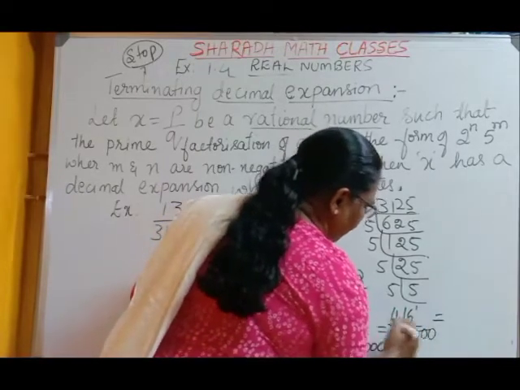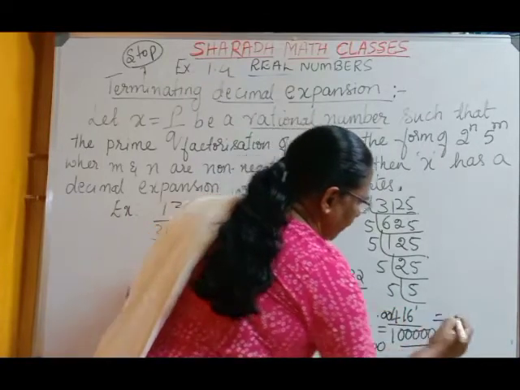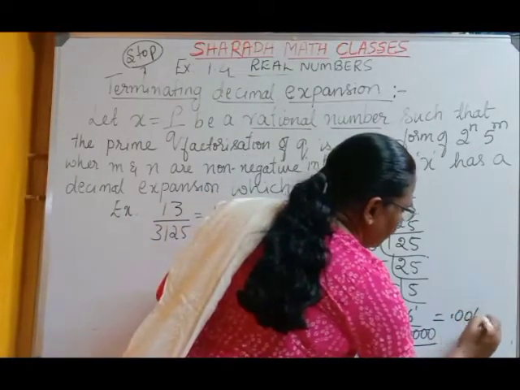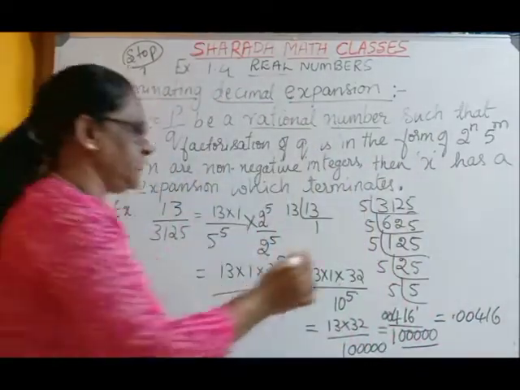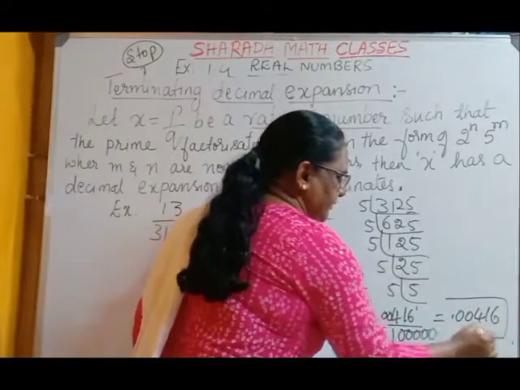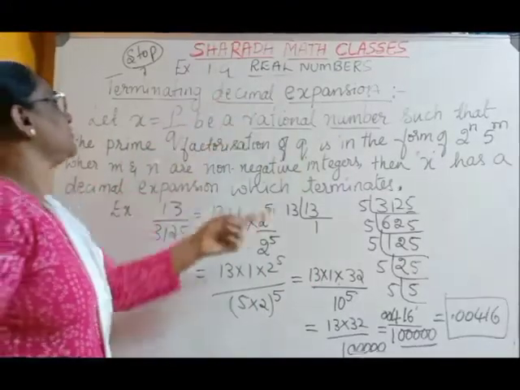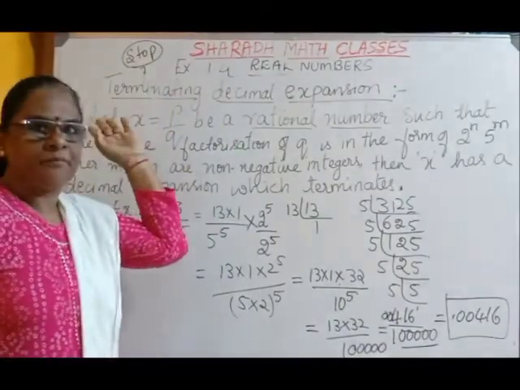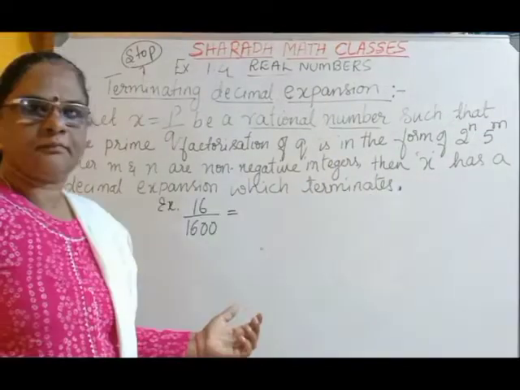You make it 5 digits here, so 0.00416. Now the decimal stops. So this is your final answer. It can be expressed as a decimal expansion which is terminating. Terminating means the division stopped at this point.